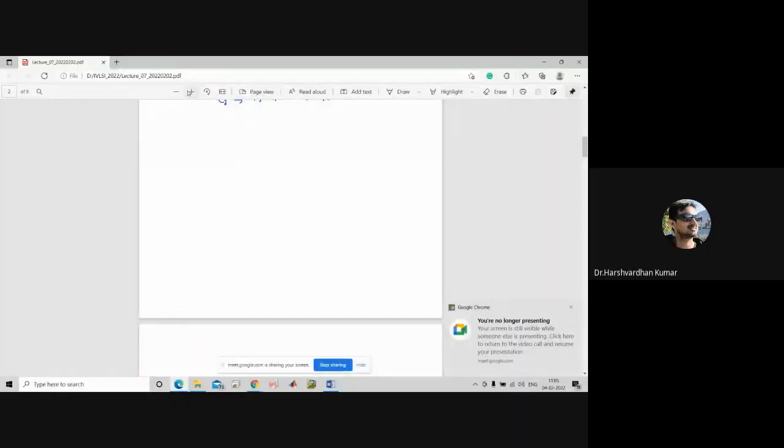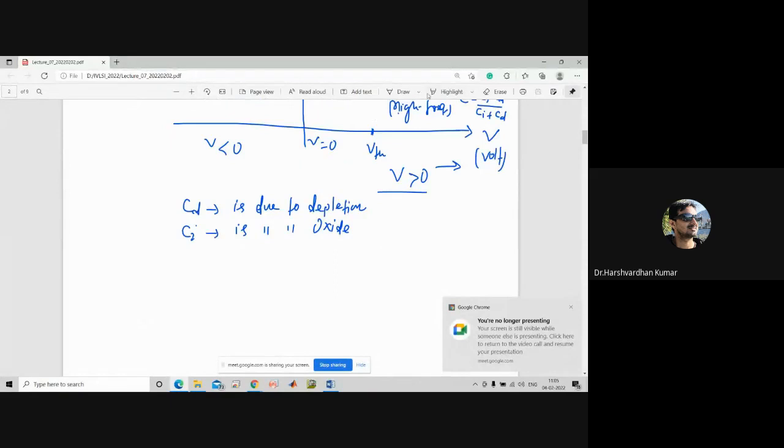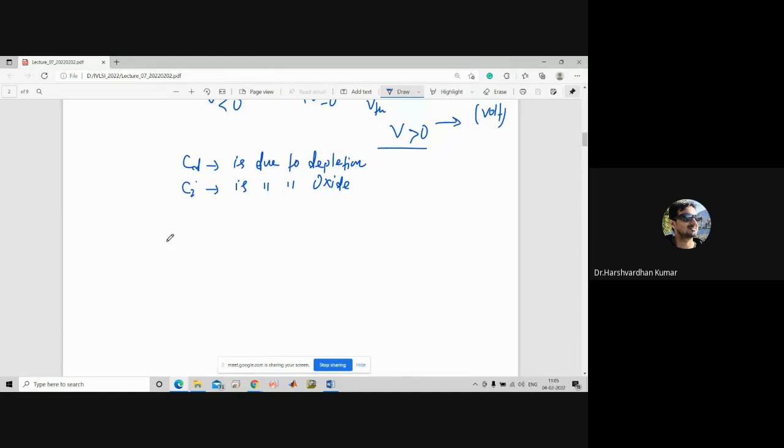So today we will see what will happen for the non-ideal case. Till now we have seen the ideal capacitor. This is lecture number 7.